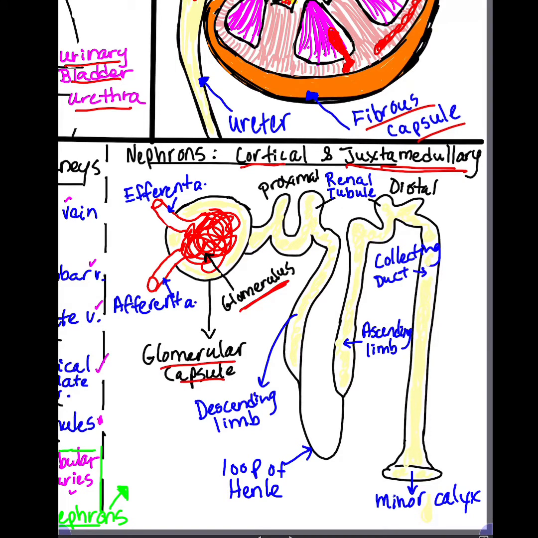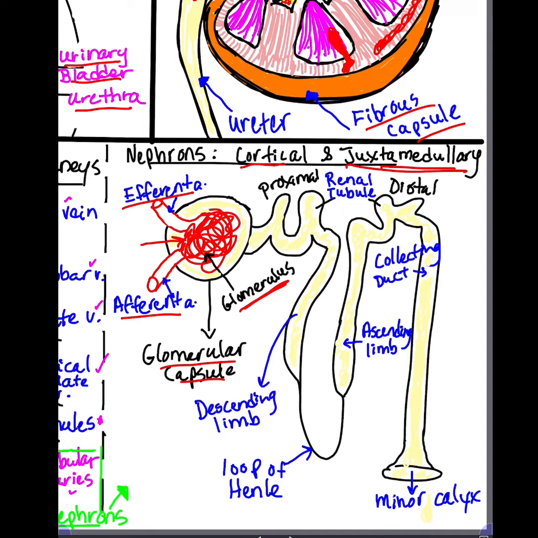The glomerular filtrate leaves the glomerular capillaries and enters the glomerular capsule towards this direction. And then the afferent arteriole and efferent arteriole are part of the vascular pole.